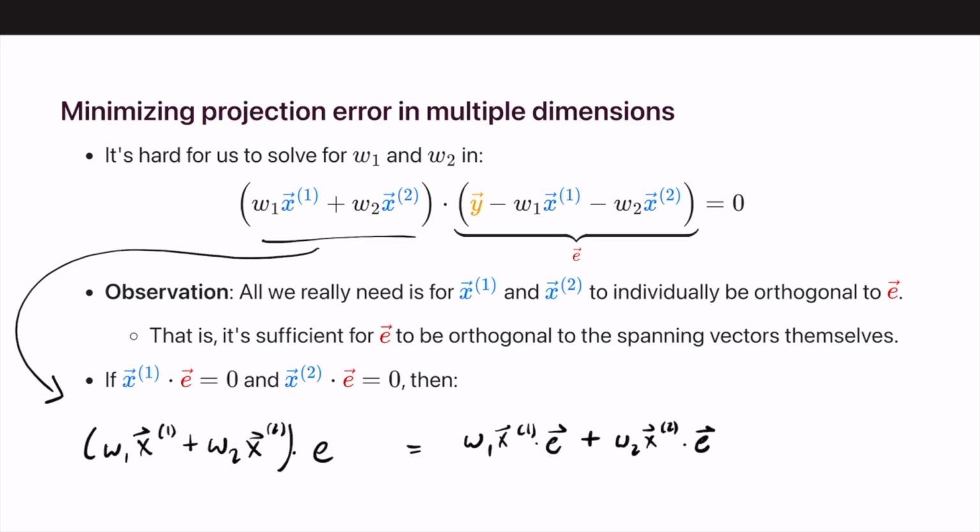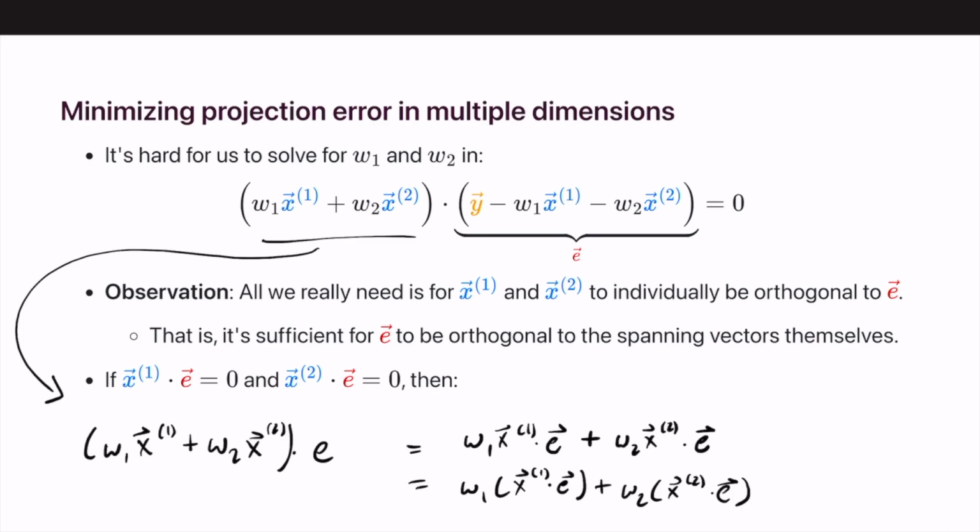All right, and we can further simplify this by pulling out the w's. So this will be w1 times x1 e, plus w2 times x2 e.